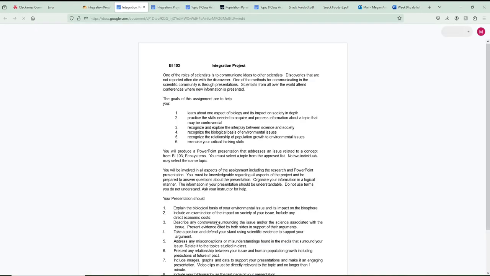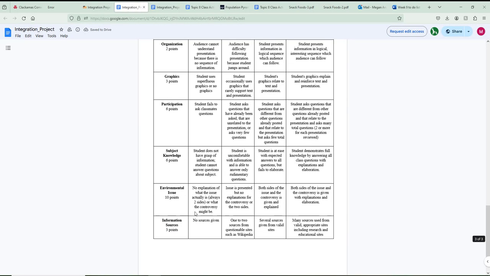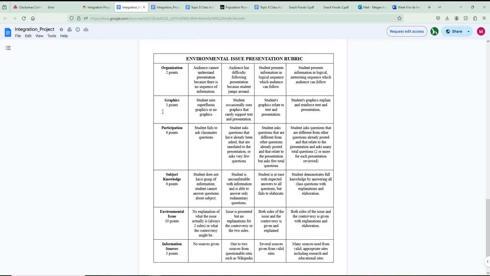Now, if we look at the rubric here, 18 points I'm going to be grading you based on this rubric is just on your presentation. But then 6 of these points will be based on the questions that you ask.